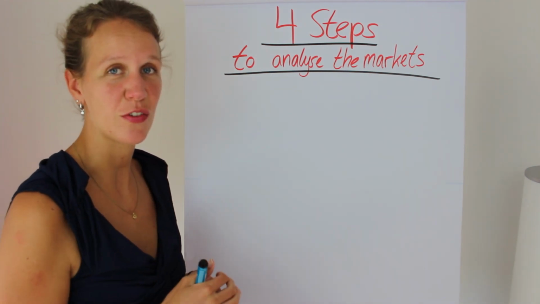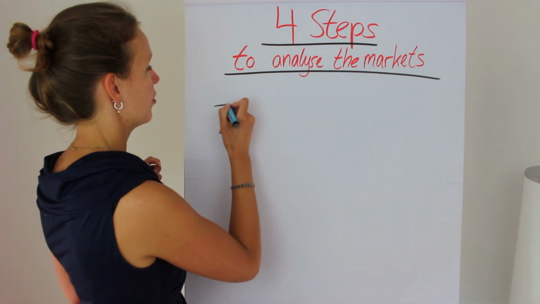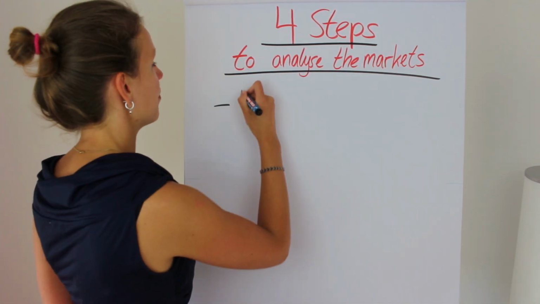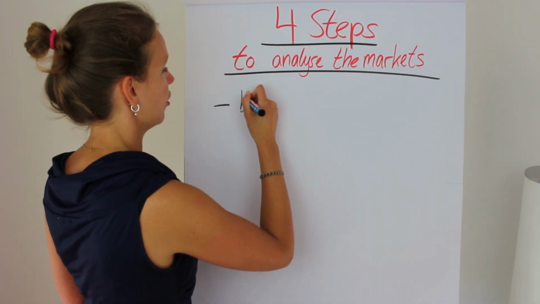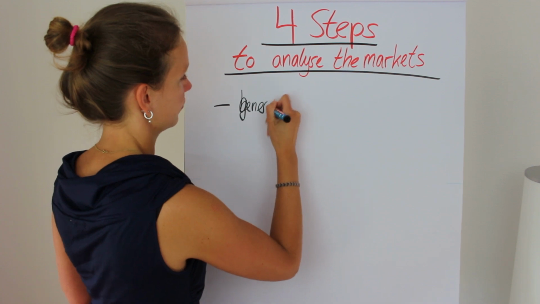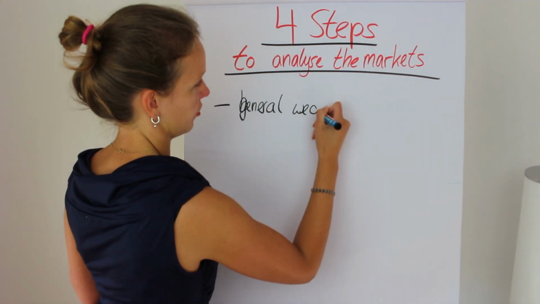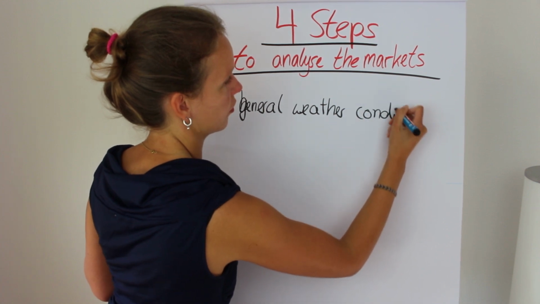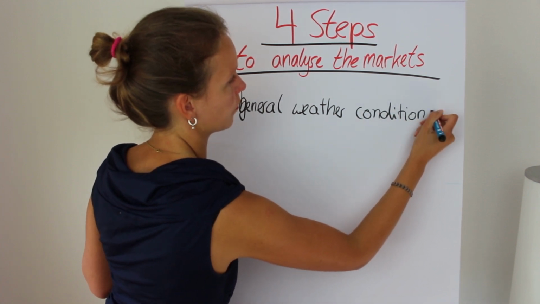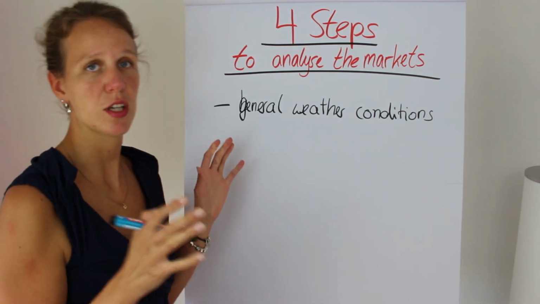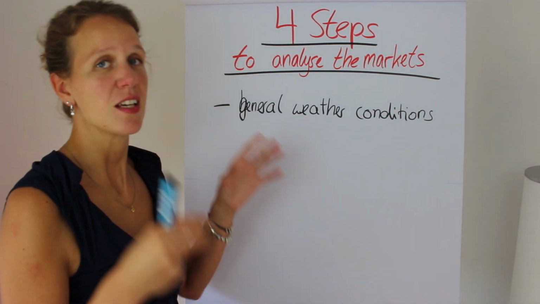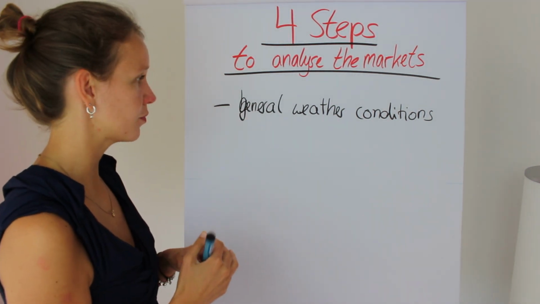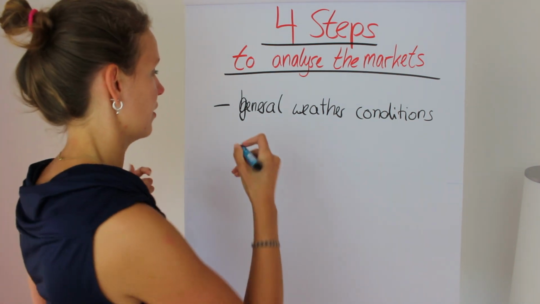So let's start with the first point. I will call it the general weather conditions. What I mean with the general weather conditions is the time frame. They're really different.